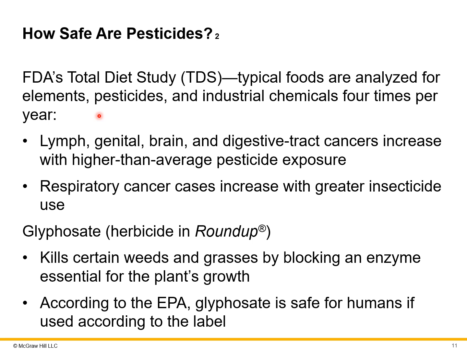So obviously the digestive tract makes sense, but of course we want to look at genital and lymph node types of cancers. All of these are studied within the TDS research. Respiratory cancer cases did not increase with greater insecticide use in their last report, so we don't see a correlation.